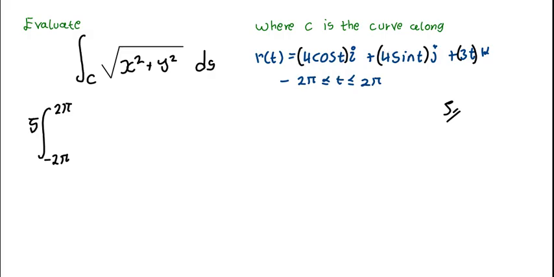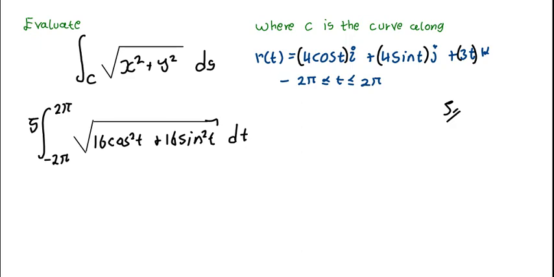So if you substitute 4 cos t where there's x squared there, of course we still have our square root, and this is going to be 16 cos squared t, plus even here you're going to have 16 sine squared t. Then this is now going to become dt.